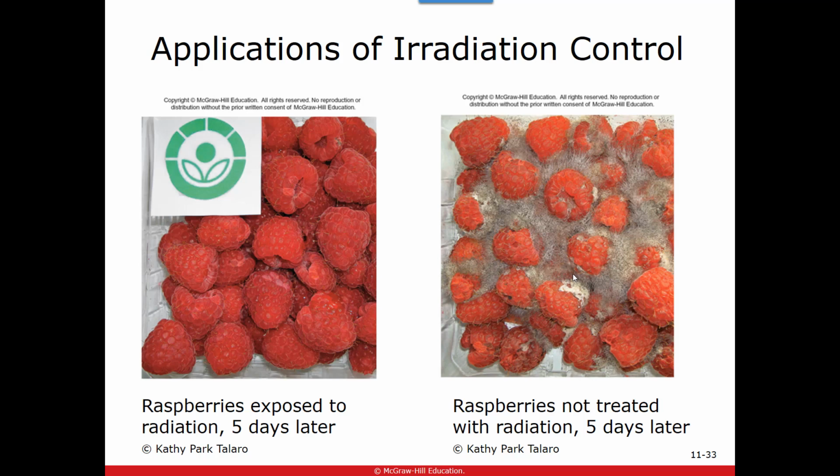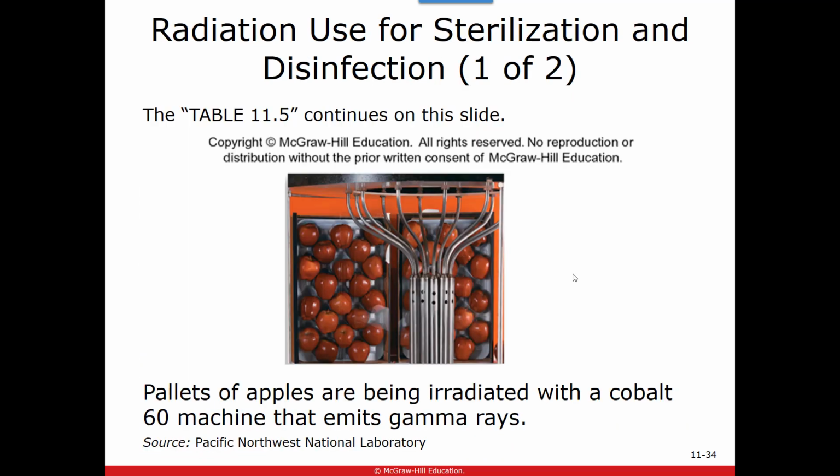So we use radiation for different types of foods. This is showing an example. It's pallets of apples that are being irradiated with a radiation called cobalt-60, and a machine that emits gamma rays on those. Again, it's killing the microorganisms that would essentially break the foods down before you could eat them.